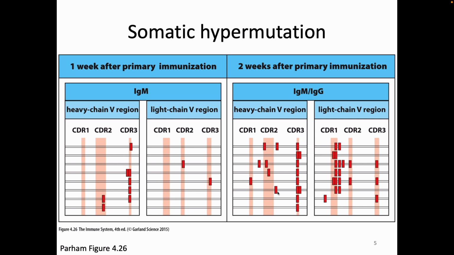And so at the beginning, we have relatively few of these mutations. As time goes on, and we get our immune response maturing, we have more and more mutations. And you can see they're pretty much all mutations right at the C base pairs in the CDR regions. So here, AID is acting on cytosines in the CDR regions and leading to point mutations.